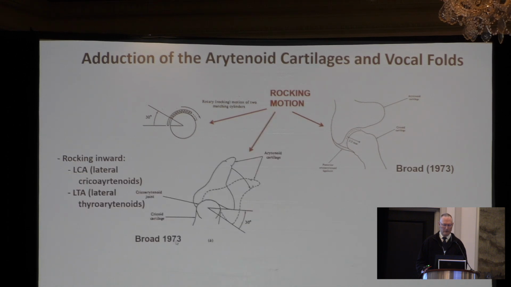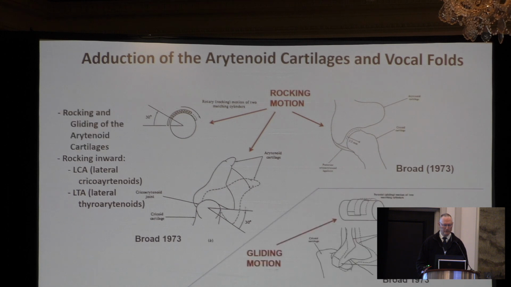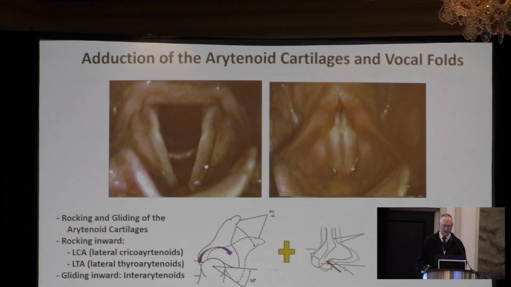And Dave Broad, a long time ago, measured about 30 degrees of motion for this rocking aspect. But also we have the gliding aspect that can glide up and down this long axis. What's really interesting, if you look down at the larynx with the person breathing, and then you say, go ahead and phonate, the arytenoids seem to come straight across.